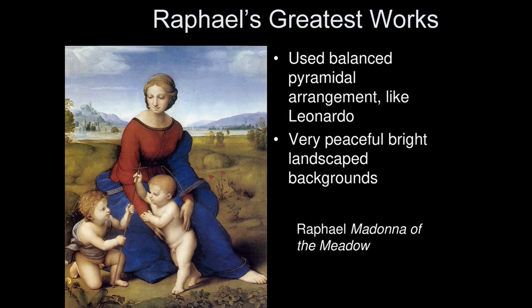The serene and harmonious qualities of Raphael's paintings were regarded as some of the highest models of the humanist impetus of the time, which sought to explore human importance in the world through artwork that emphasized supreme beauty.